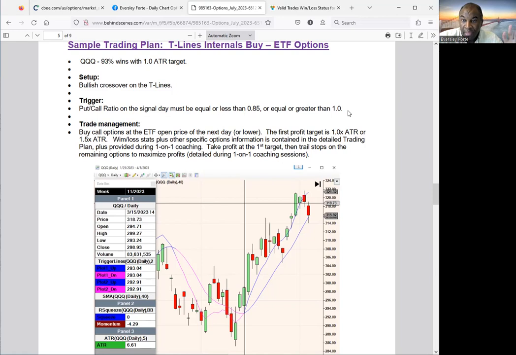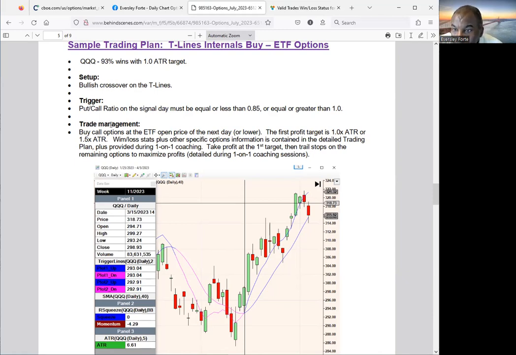Okay, that's our setup, that's our trigger. That is it. Okay, it's a simple strategy, but it works extremely, extremely well because of how we utilize the market internals in conjunction with the technical buy sell signals.